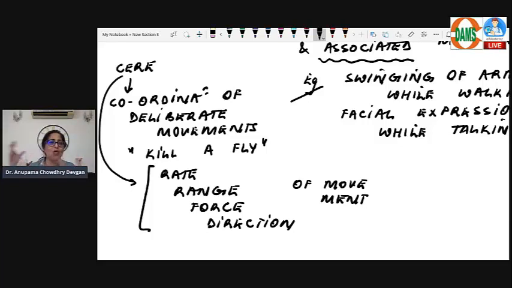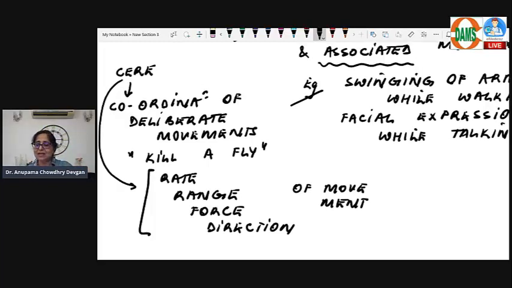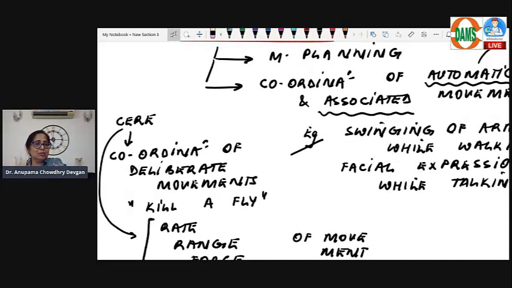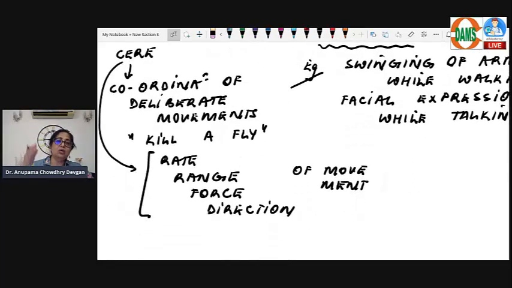Please remember there is an overlap between the two. It is not that only cerebellum will do this, only basal ganglia will do that. No, there is an overlap between cerebellum and basal ganglia. But if you have an MCQ, you should be able to say this. Automatic associated movements, coordination by basal ganglia. Deliberate movements like killing of a fly, coordination by cerebellum.